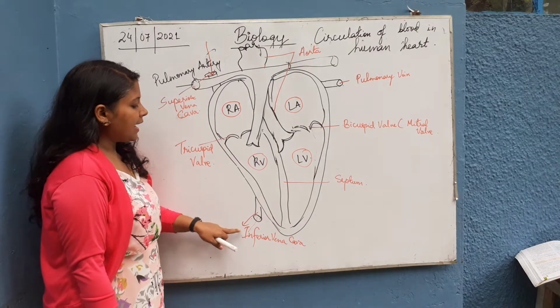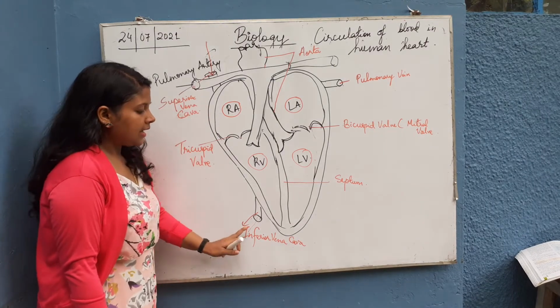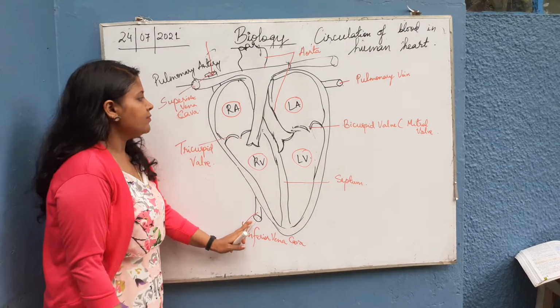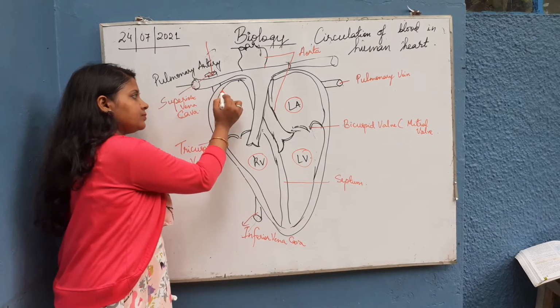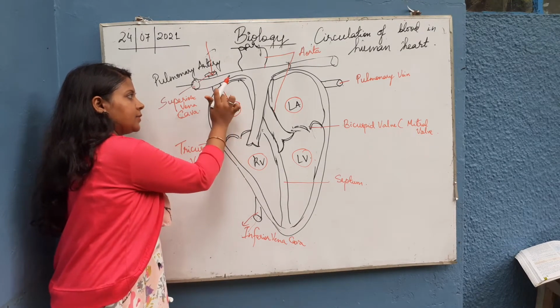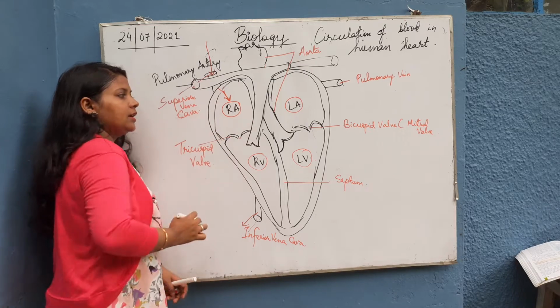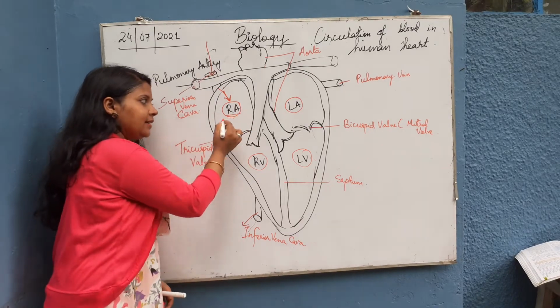So the blood which has entered through the superior and inferior vena cava will enter into the right atria.